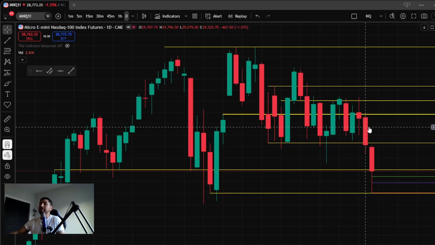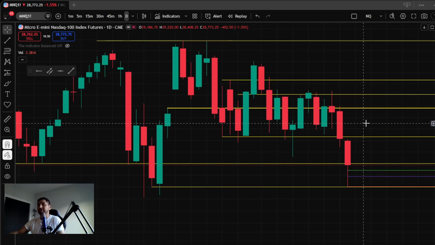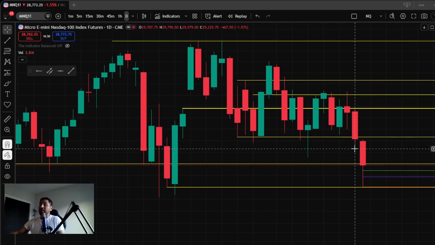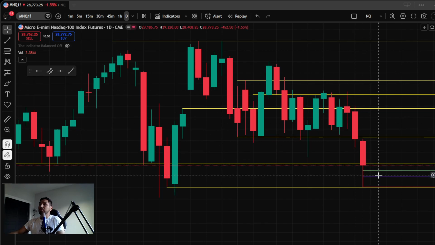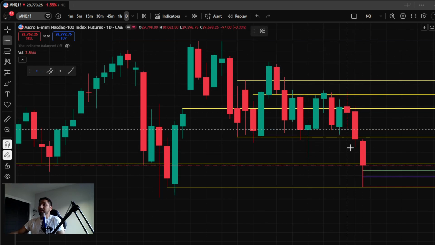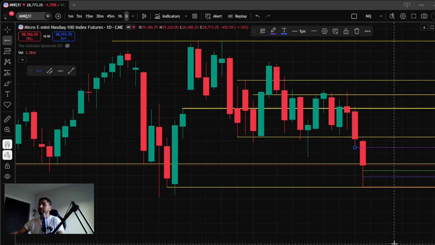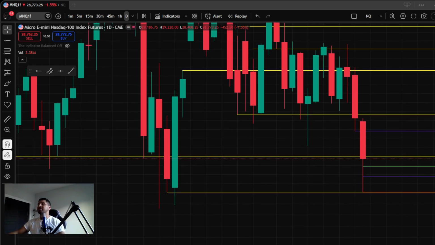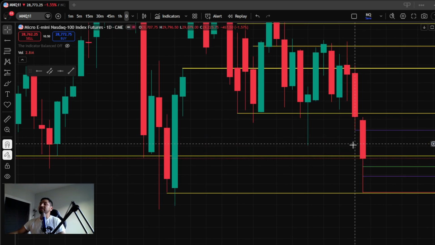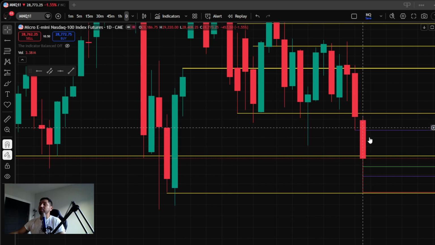my theory was correct. I was like, okay, if we make a lower low, which would have been the low of this candle here, and I'll just turn that into purple for reference, if we make a lower low there at 29,079, we're probably going to go lower.